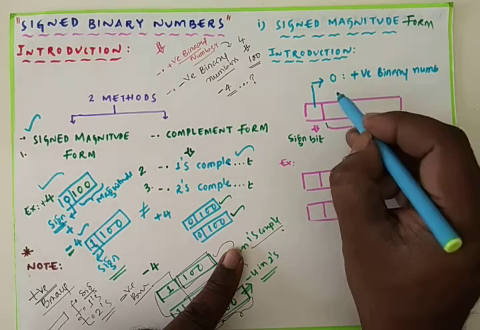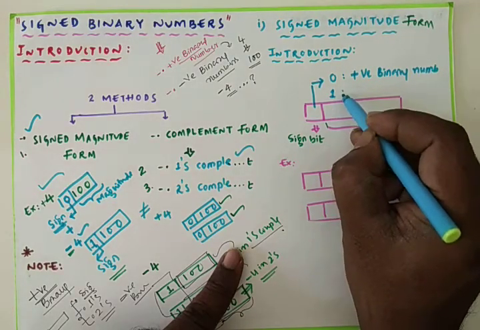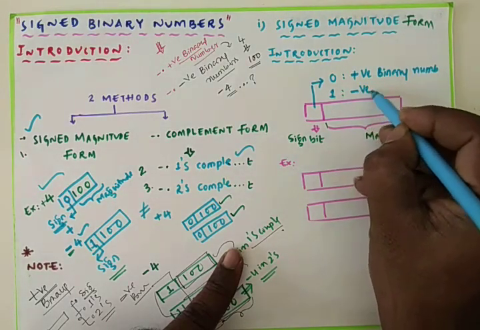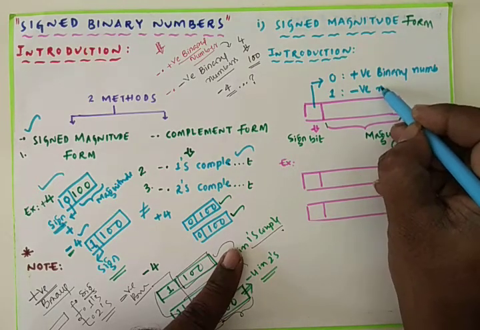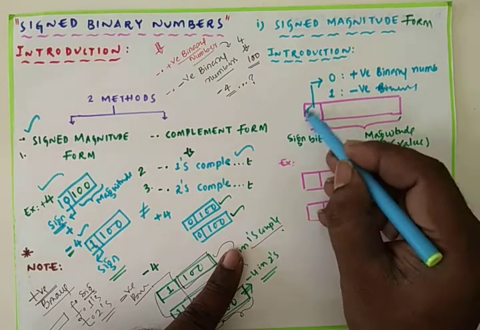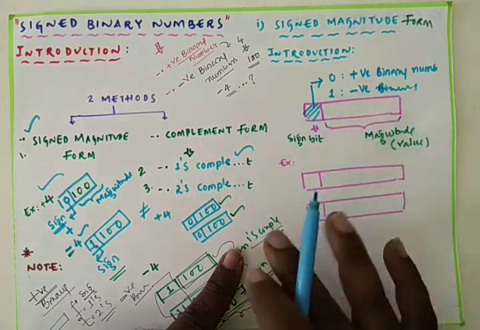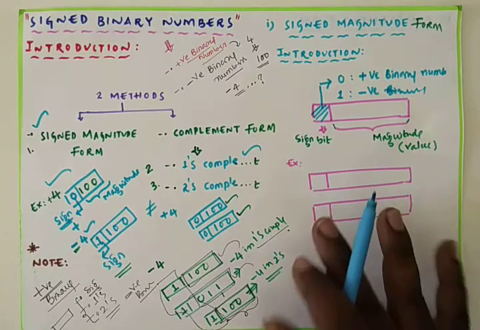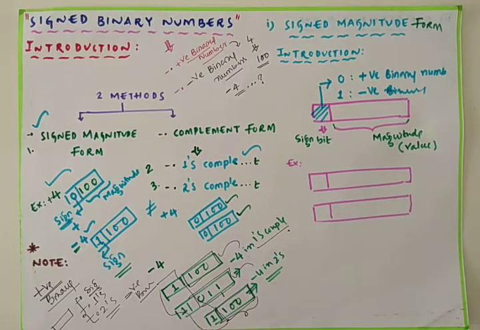Next, if the sign bit is 1, we have to consider the given binary number as a negative binary number. Except this bit, whatever bits are there in the complete number, that will be the magnitude or value of that number.